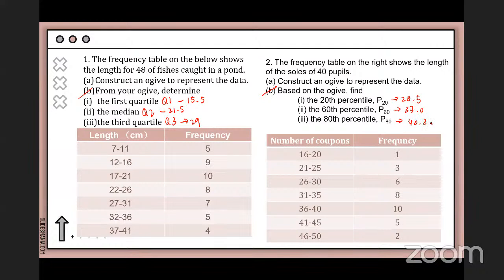So after you draw your ogive, you can find the percentile and also the quartile and see whether it is right. It can have a little bit of difference, but it should not have too much difference, like about 0.5 is okay.